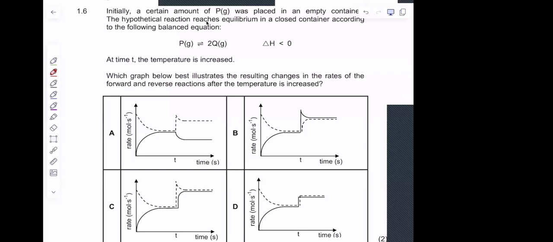Okay, I'll give you guys one more minute to have a look at this problem.